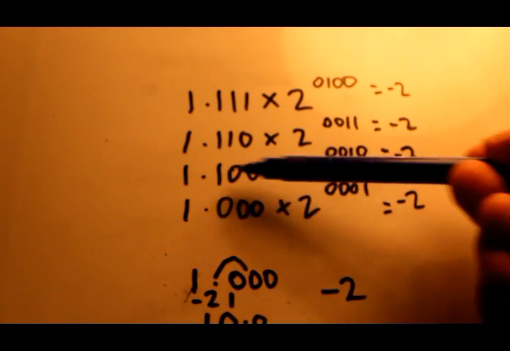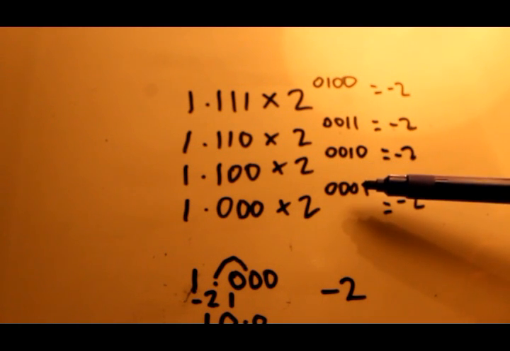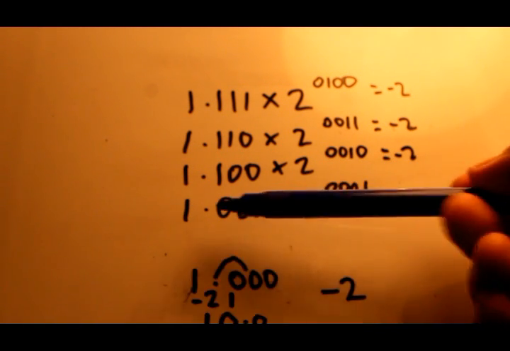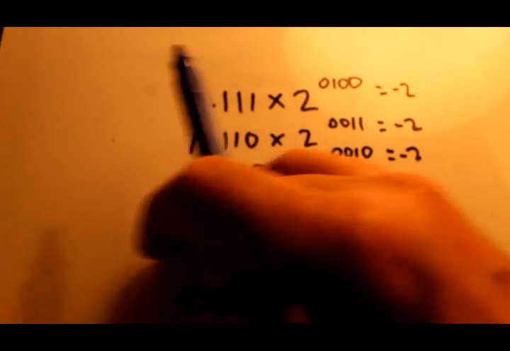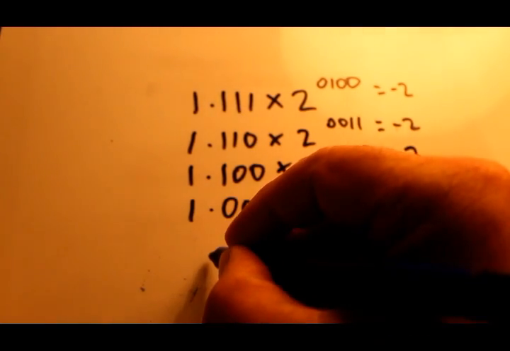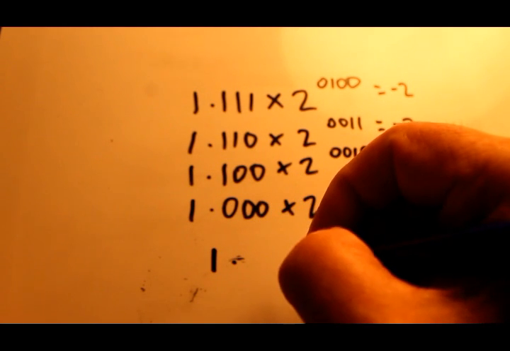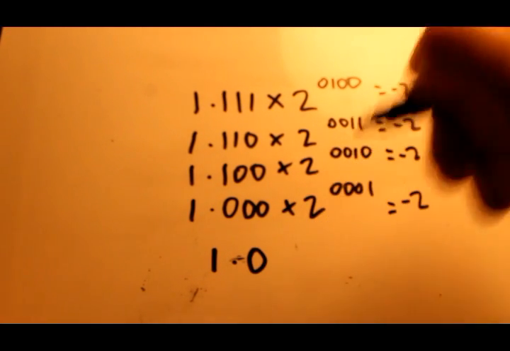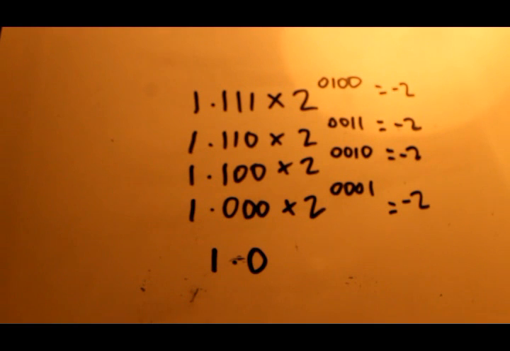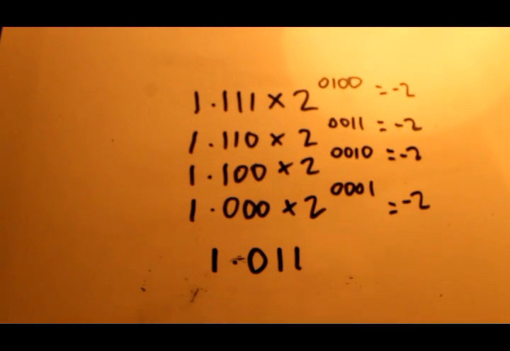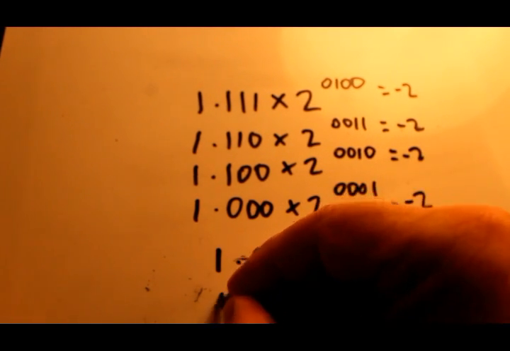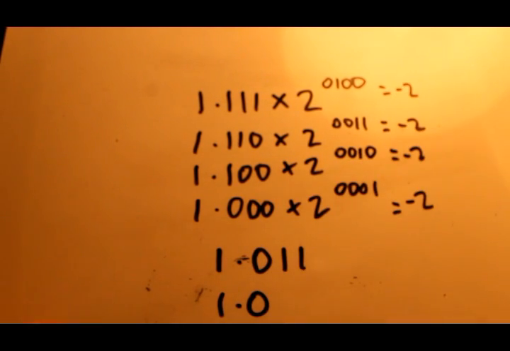We're down to 2, we shift another one away, and we're down to 1, and we shift the last one away. So that means then that the normalised version of a negative number always must start with a 1, and the next value would be a 0. And then you can have as many 1s after that as you like. But that is the rule of normalisation.